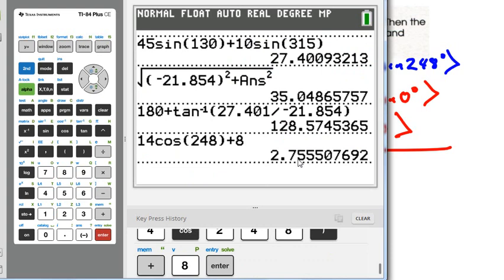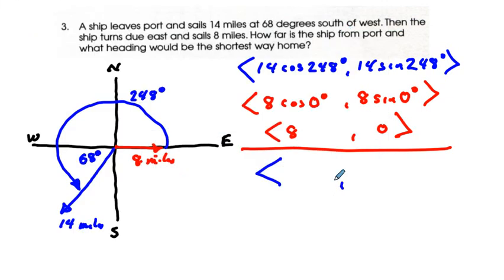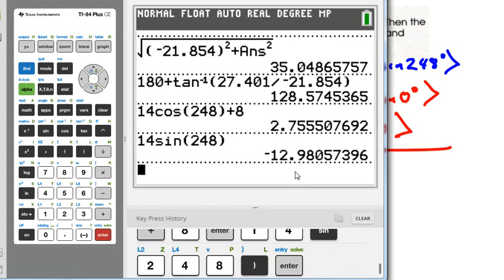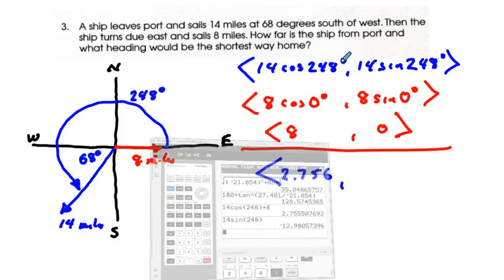So that's going to be 2.756. And then the next one we have is 14 sine 248 plus 0, so just 14 sine 248. So I have negative 12.981 looks like.